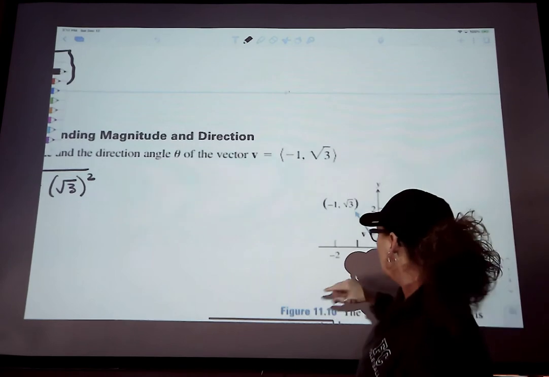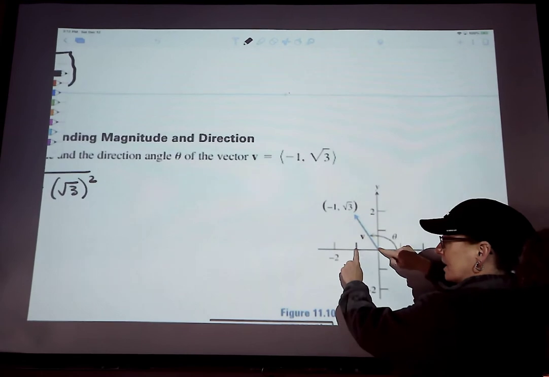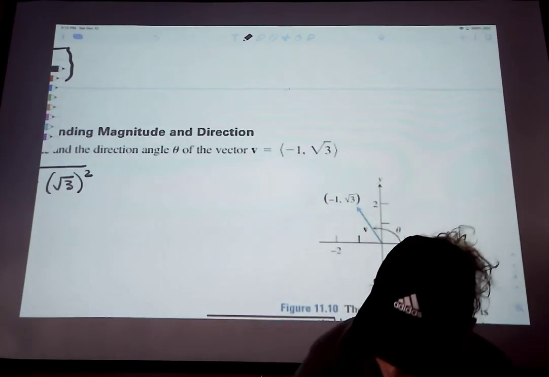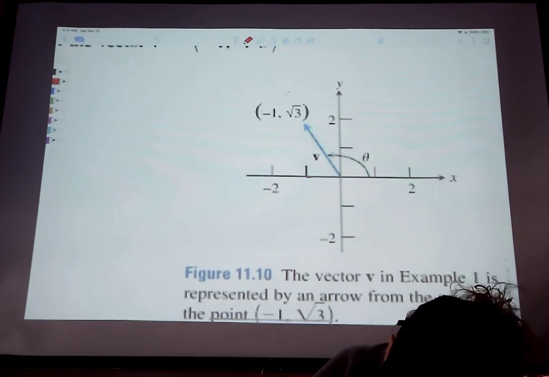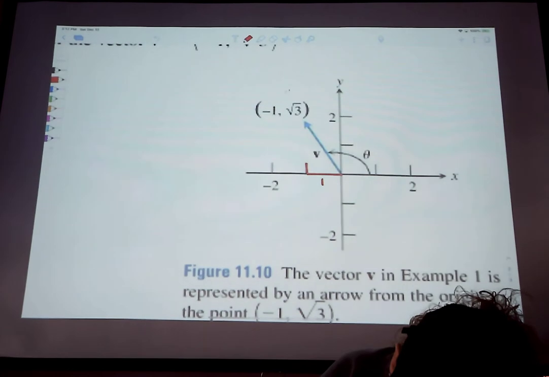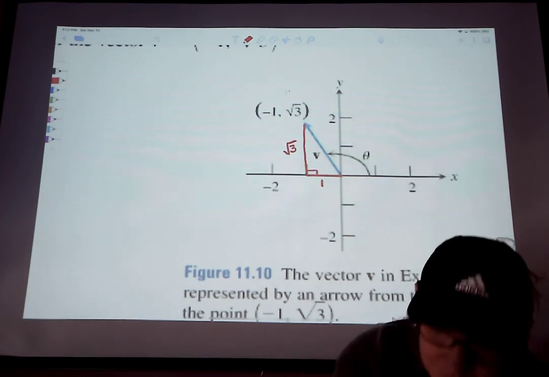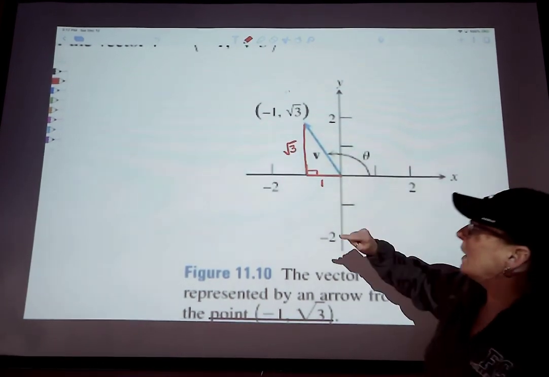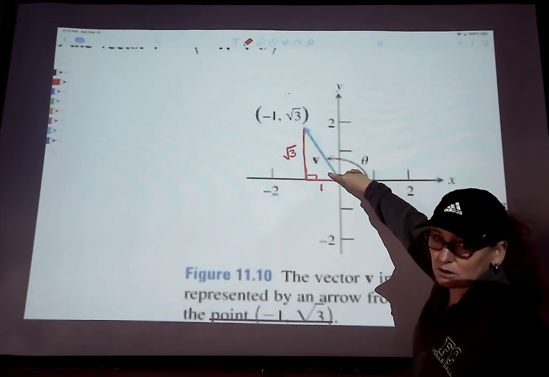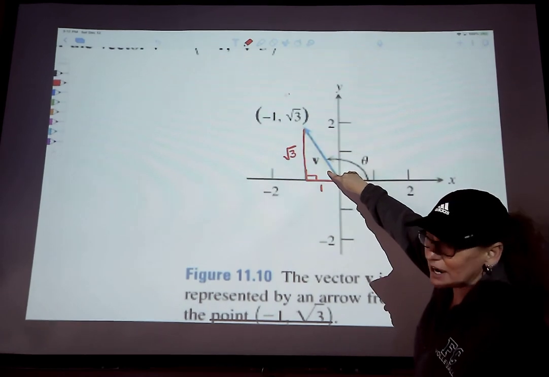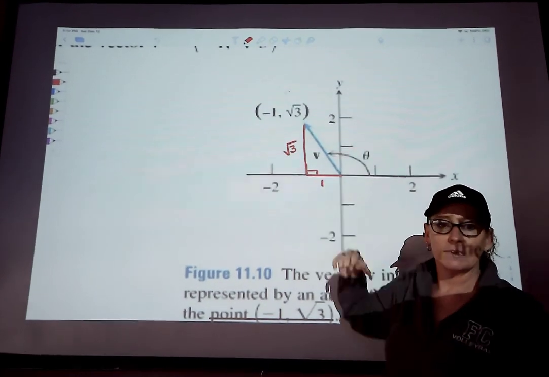If we start it at the origin and go left 1, up radical 3, we can figure out what this angle is. I'm going to call this my reference angle. I can figure out what this angle is in that right triangle and thus figure out what this angle is as a direction angle.